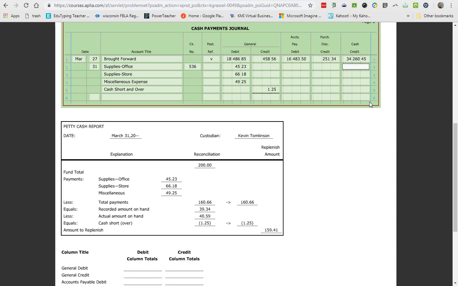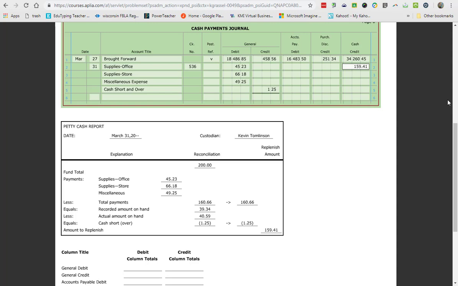Cash credit line 2. Yes. Don't forget your cash credit. Now, the amount of cash always goes on the first line when we journalize our petty cash refund. Replenish our petty cash fund.